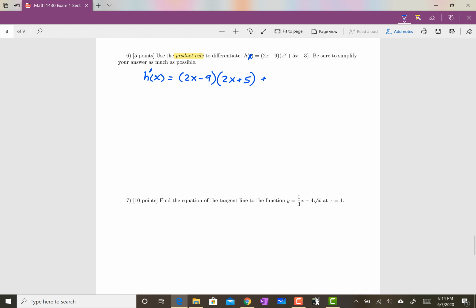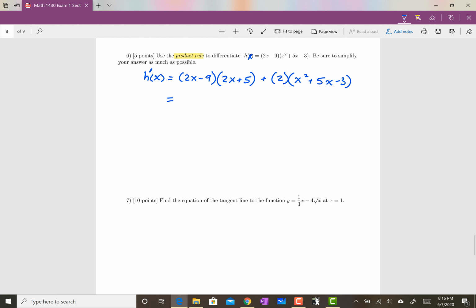Then you're going to add the derivative of your first function, the derivative of 2x minus 9 is 2, times your second function, x squared plus 5x minus 3. So we're basically done taking the product rule, but we do need to simplify by distributing and combining like terms.